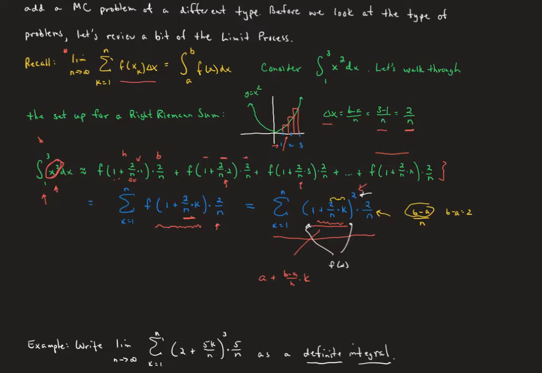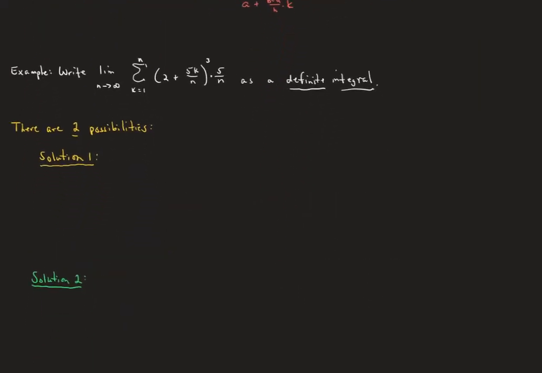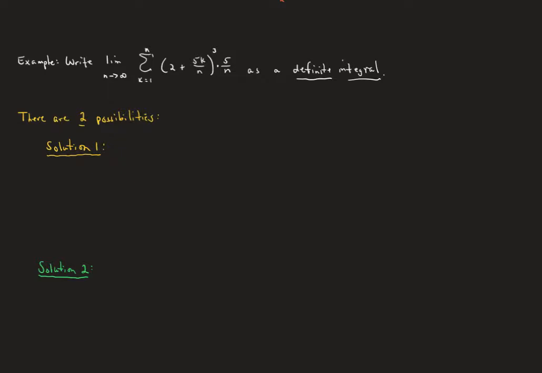Okay, let's see an example. Can we take this summation and write it as a definite integral? In fact, there are two different ways we can do this. One way would be to see that, for sure, the b minus a over n, the b minus a is going to be that 5.